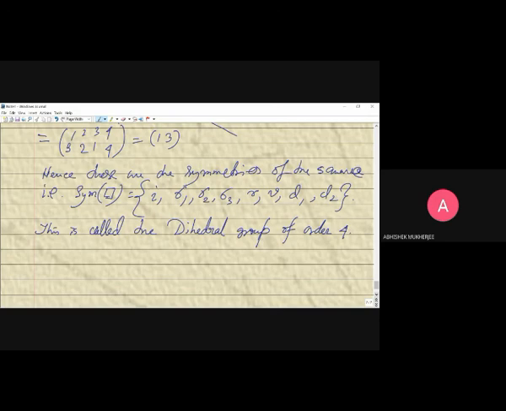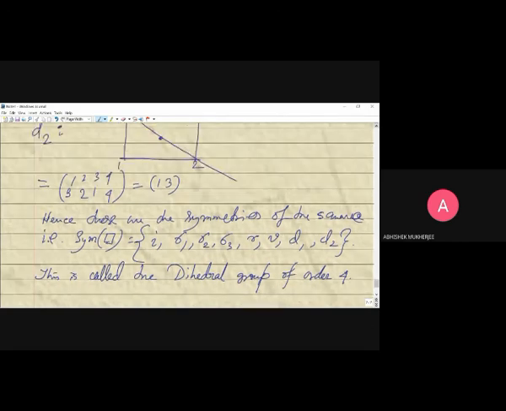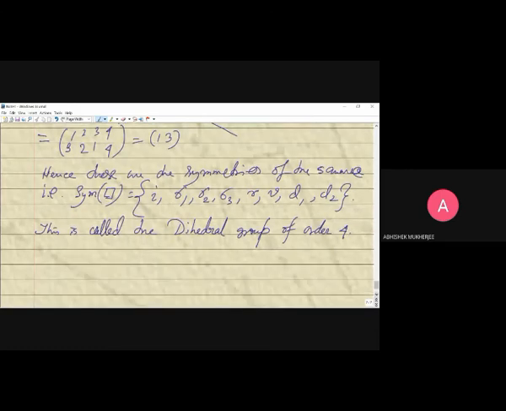That is, a regular n polygon is a polygon having n vertices. Then you can deduce that the group of symmetries of the regular n polygon has 2n elements, and this will be called the dihedral group of order n. And in that case, the number of vertices is 4, so that is why it contains 8 elements. Okay. So with this one, I would like to end today's lecture.